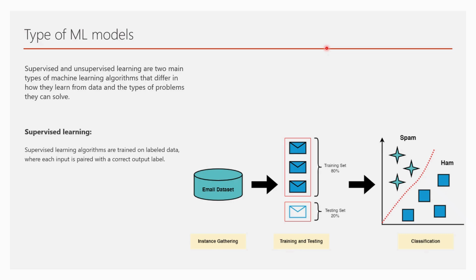Imagine there is a spam mail and there is a reasoning for that being spam, and for ham mails there is a reasoning for that being ham. So these will have the labels. The output variable or target variable is present in supervised learning.